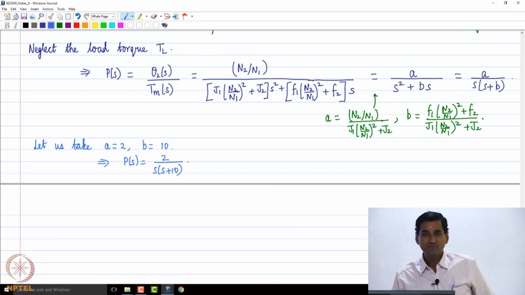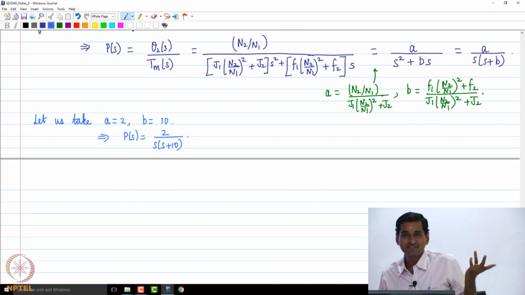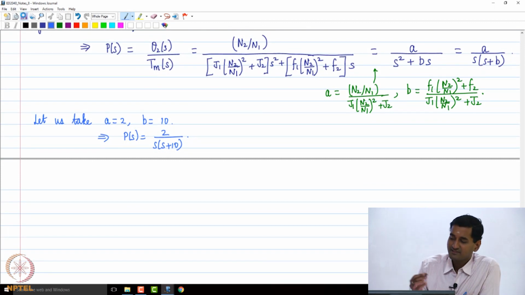Okay. So, I am just considering some numbers, right, so that we work with some numbers. So, now the question is for us to design a closed loop feedback system, and ensure that the closed loop system is stable, and then ensure that it satisfies some performance requirements. Okay. So, that is the second task which I am going to pose.